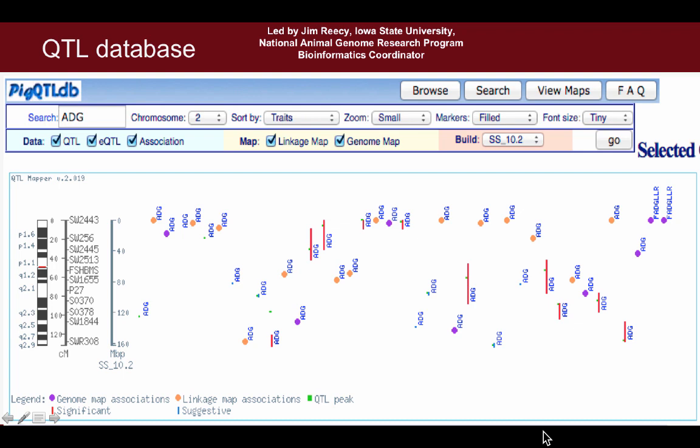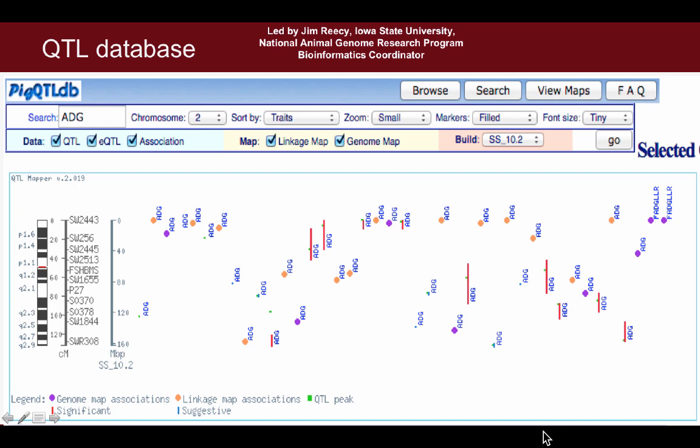Using this database, we can, for example, get information on all the QTL that have been found and reported in the literature for growth rate on chromosome 10 of the pig. And you can see that there are several of these QTL, and several of them comprise substantial segments of the chromosome, because these QTL mapping techniques only allow us to find a general region of the chromosome where a gene that affects the trait is located.